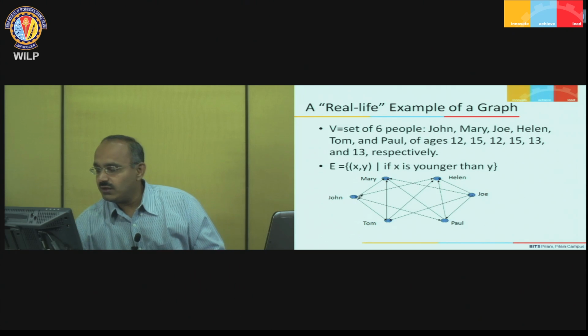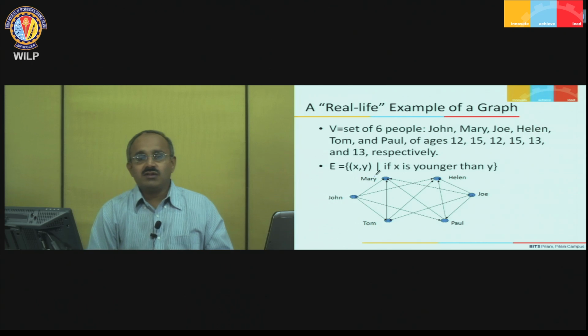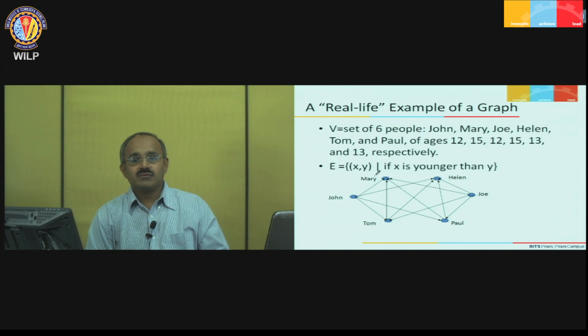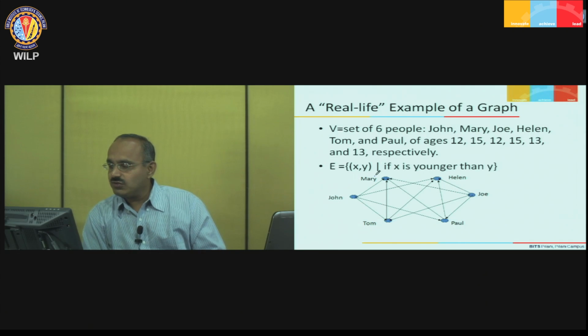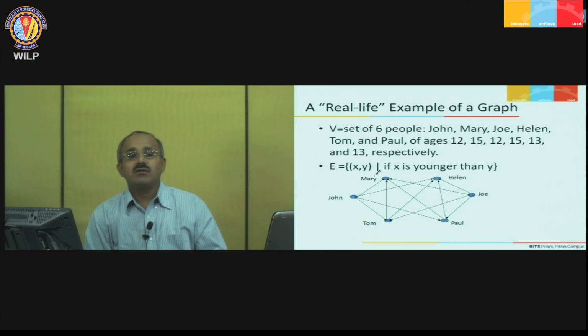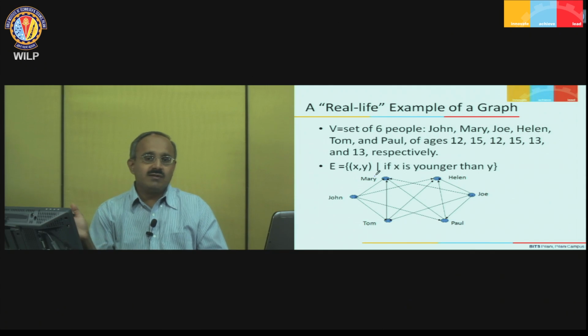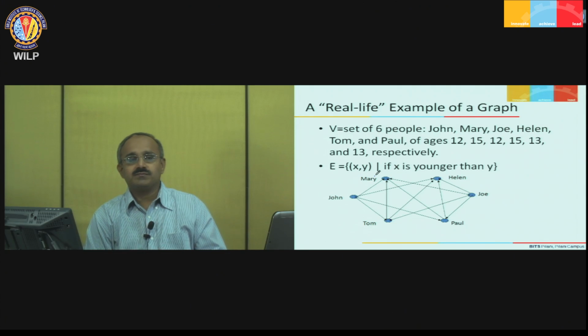So, you see that there is an edge from John to Mary, that would mean John is younger than Mary, and so forth. Similarly, John is younger than Tom, and John is also younger than Helen, and whatever. So, the representation helps in easily interpreting the relations that the individuals share amongst each other.